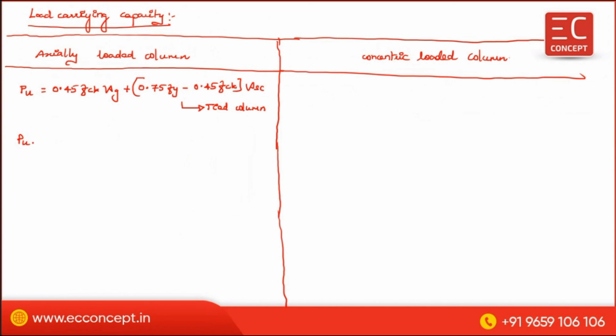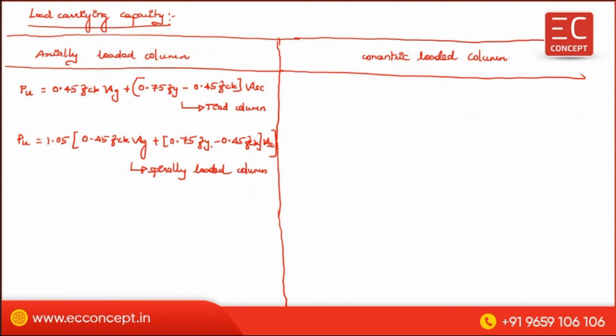Next, for the spirally loaded column, Pu is equal to 1.05 times 0.45 fck Ag plus 0.75 fy minus 0.45 fck Asc. For the spirally loaded column, we have to increase the value obtained for the tied column by 5%.